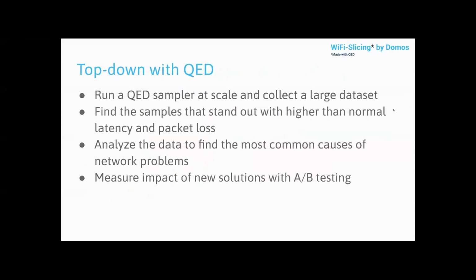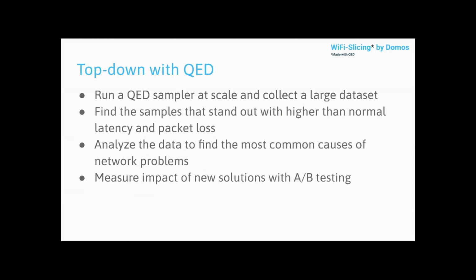So first, with the top-down approach, we have run a QED sampler at scale and collected a data set. And then we can use that data set to find the samples that stand out with higher latency and loss than what is normal or desired on Wi-Fi.